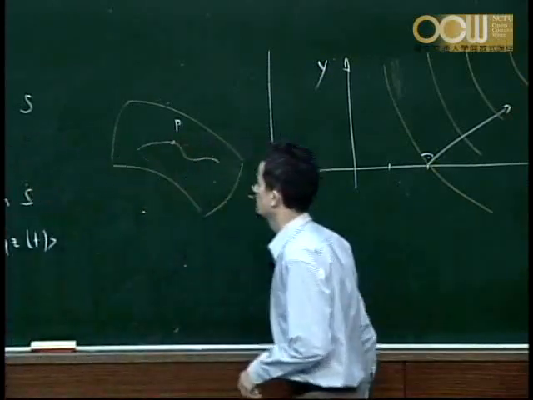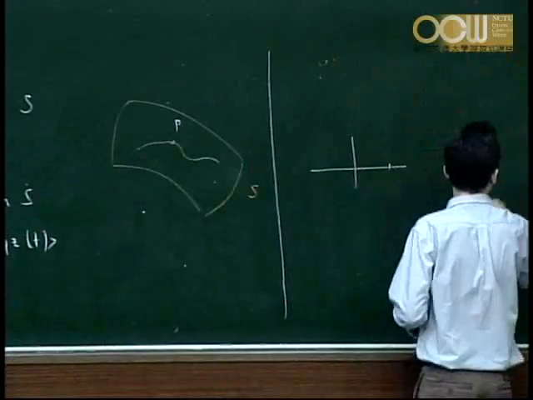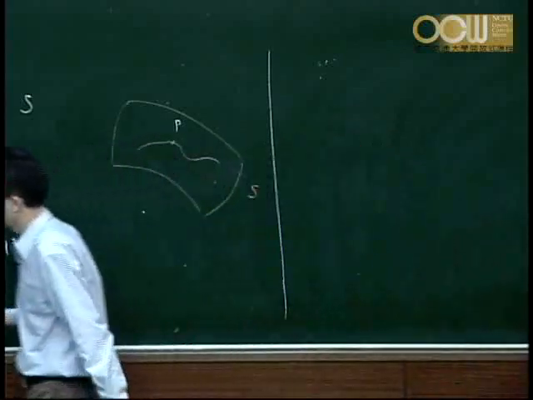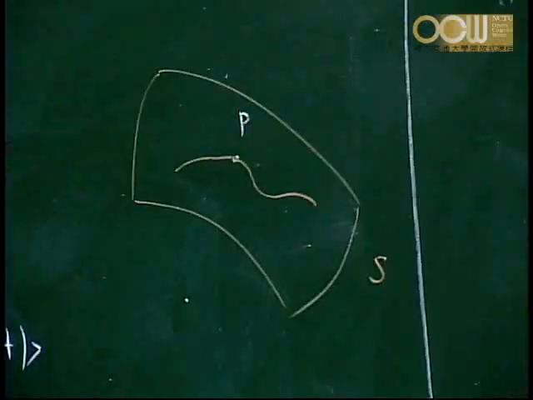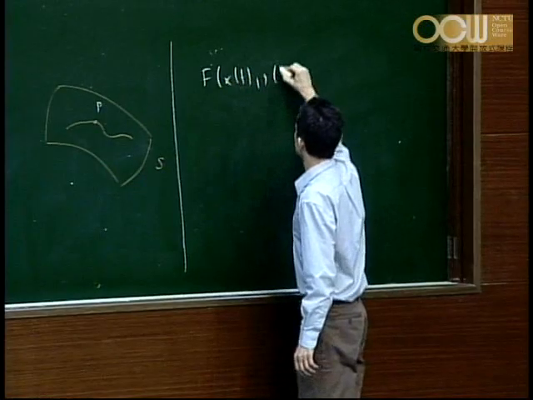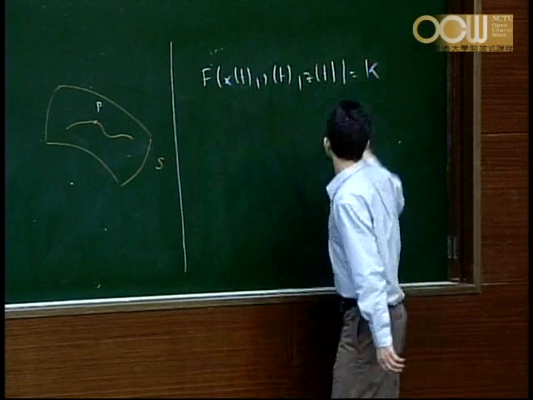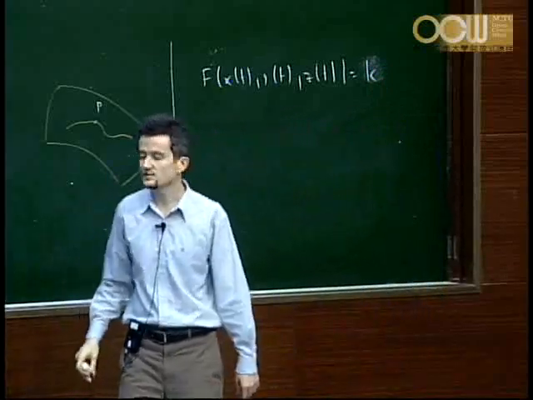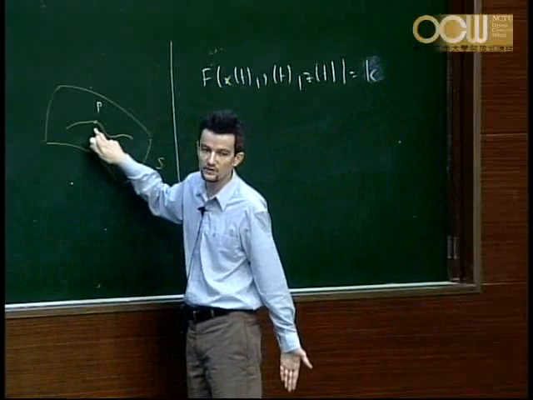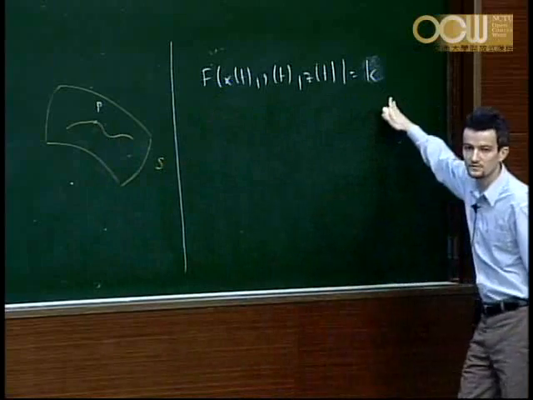Now, of course, what you can do is look at the tangent to this space curve. The space curve first of all must be on the level surface, so what you have is that f(x(t), y(t), z(t)) is equal to k. Now, if we are interested in the tangent vector of this space curve at the point P, we take the derivative here, and for this we use the chain rule.